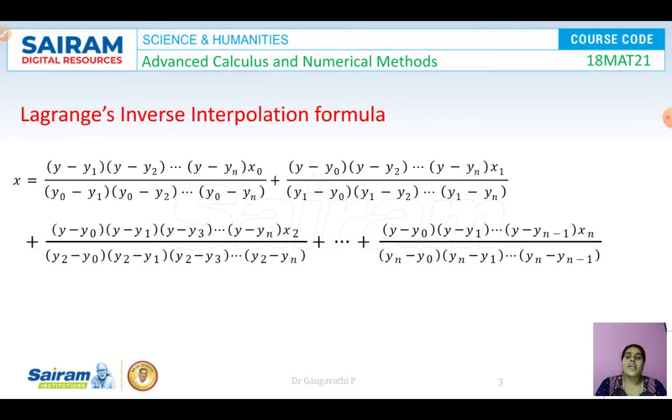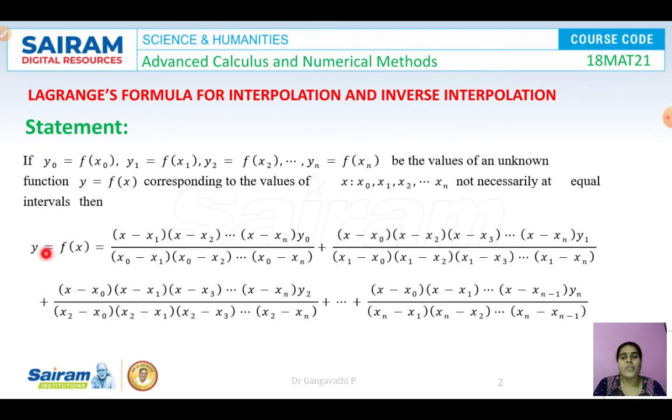Now, what is the inverse Lagrange's interpolation formula? If you observe here, the y value we are finding, which is nothing but our f of x, we are making use of all the values of x1, x2, x3 which have been given, along with y0, y1, y2, y3. So y is expressed in terms of x here.